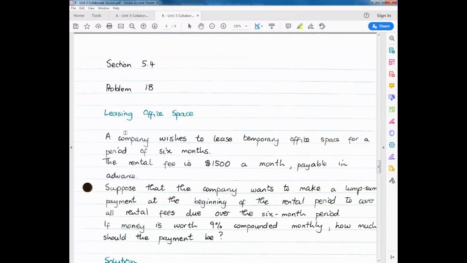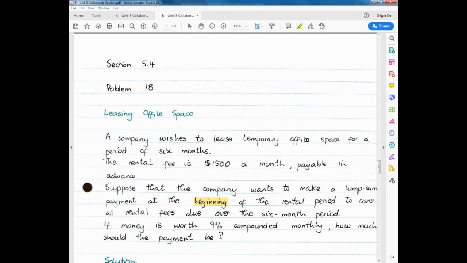Now, suppose the company wants to make a lump sum payment at the beginning of the rental period. See what the keywords are there: beginning of the rental period, to cover all the rental fees due over the 6-month period. Then they're telling us that money is worth 9% compounded monthly. How much should the payment be?